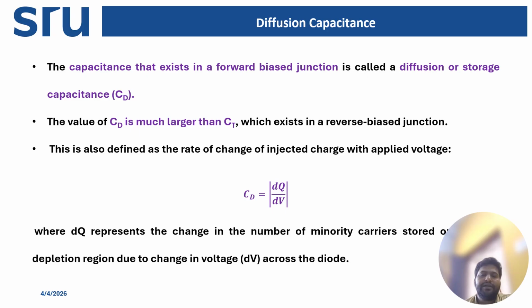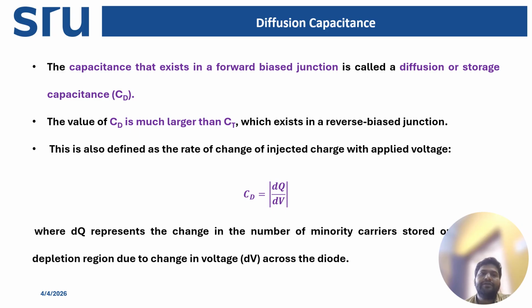For example, electrons move from the N region to the P region, and holes move from the P region to the N region. These carriers do not disappear immediately. They accumulate near the junction as excess minority carriers. This stored charge is the key reason for diffusion capacitance.